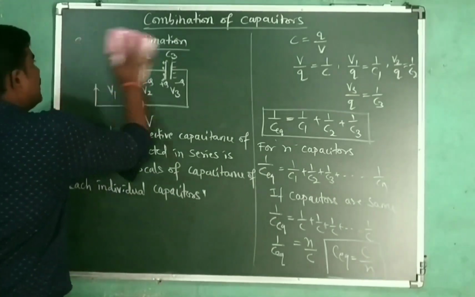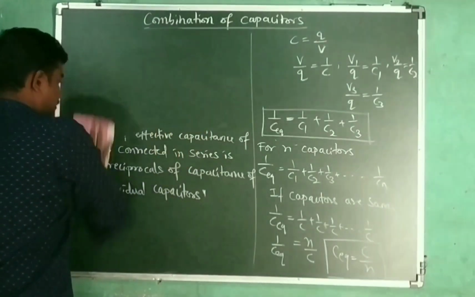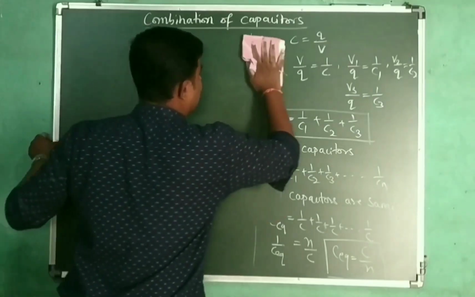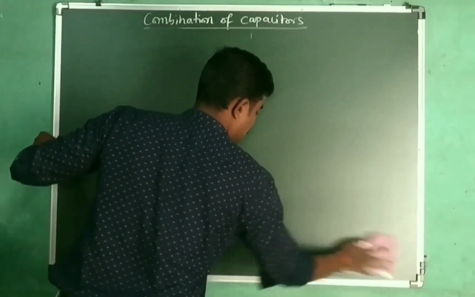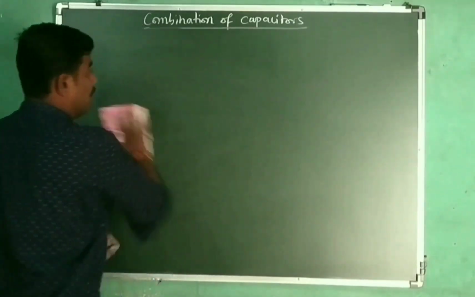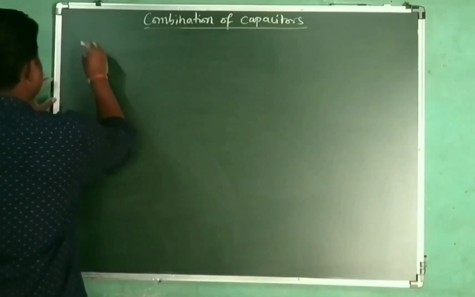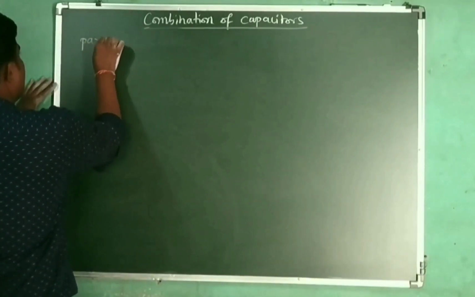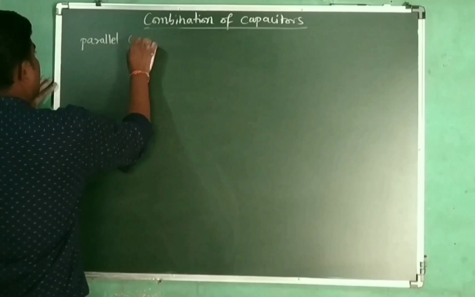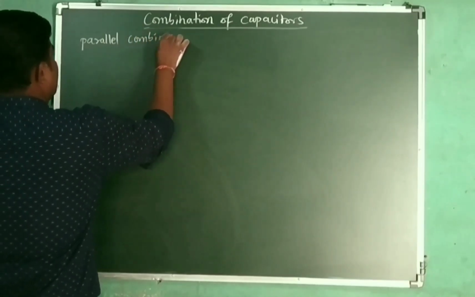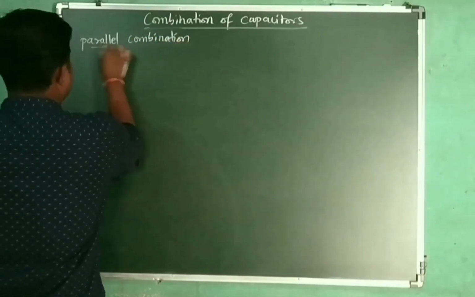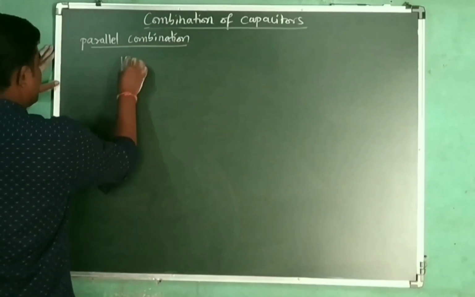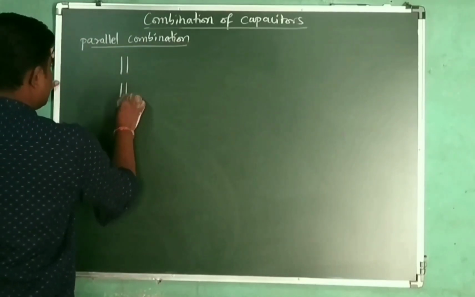Okay, next one is parallel combination. Parallel combination. See here, for this we shall consider once again 3 capacitors.